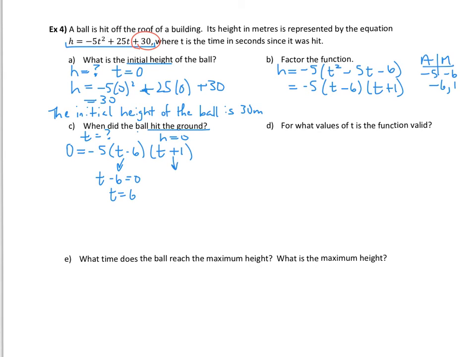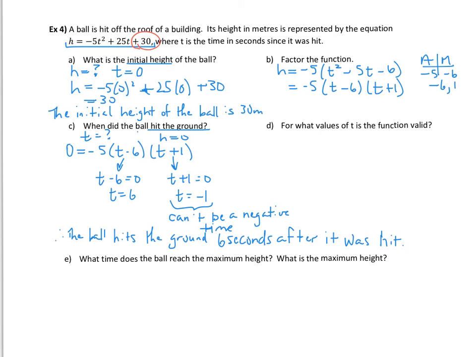And t plus 1 equals 0. And that means t equals negative 1 when we get t by itself. Now this second one, t equals negative 1, doesn't make sense. You can't have a negative time. So time can't be negative. So that means it's going to hit the ground 6 seconds after the ball was hit. All right, it hits the ground 6 seconds after it was hit.